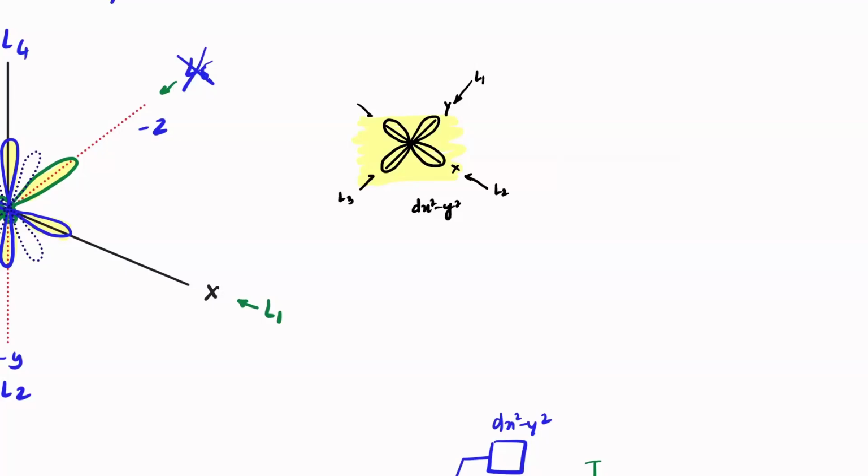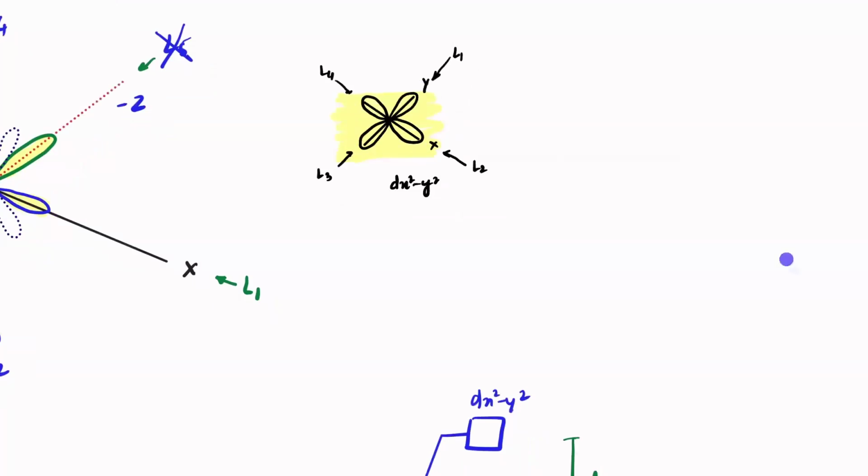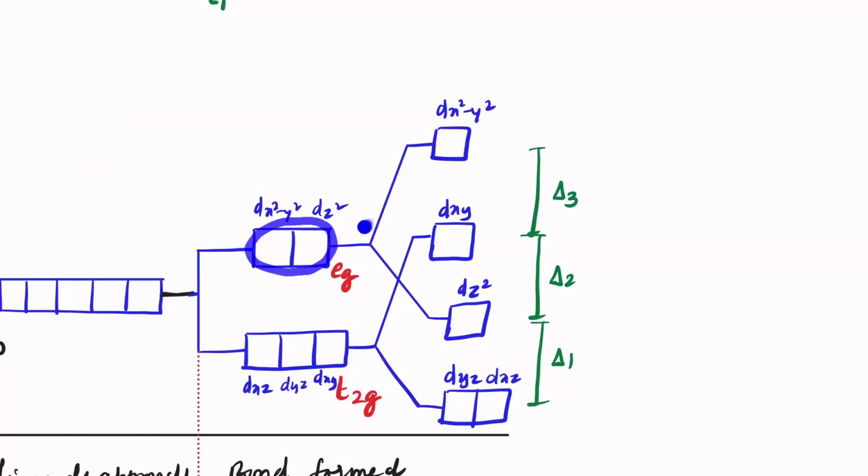So it is definitely giving a head-on repulsion. That means this dx square minus y square experiences the highest amount of repulsion, so from here it splits again, and dx square minus y square will have the highest amount of energy.